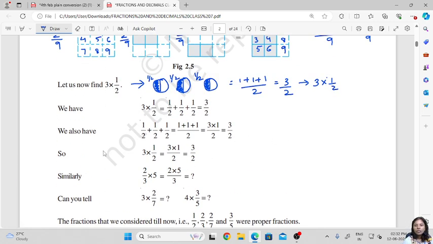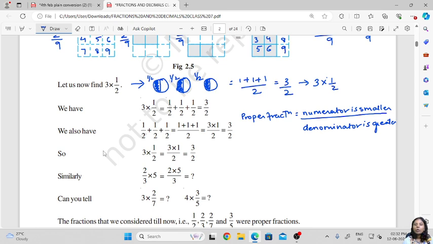When I say proper fractions, here the numerator is smaller and the denominator is greater.